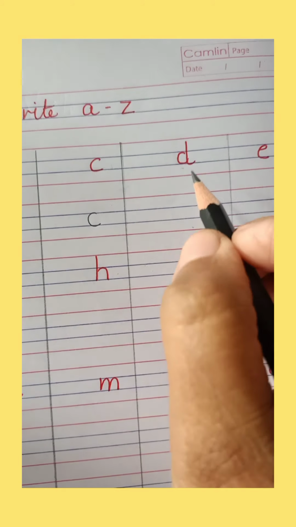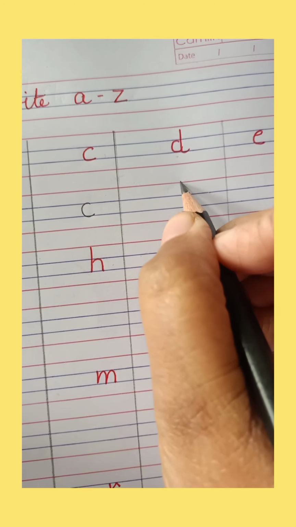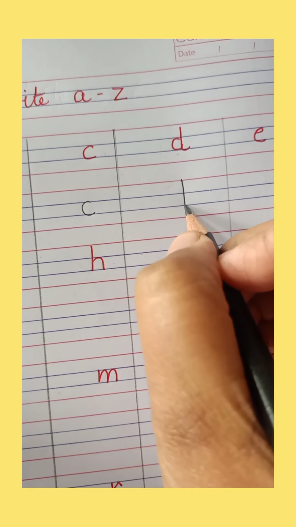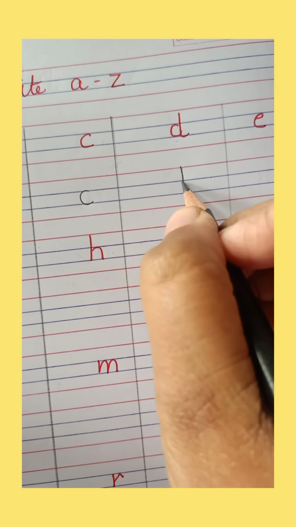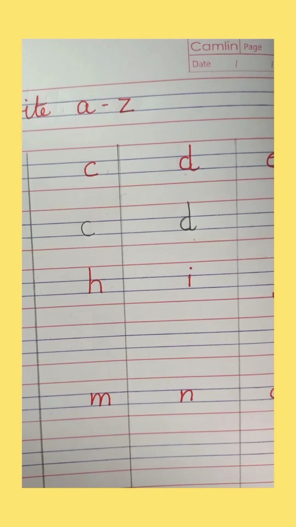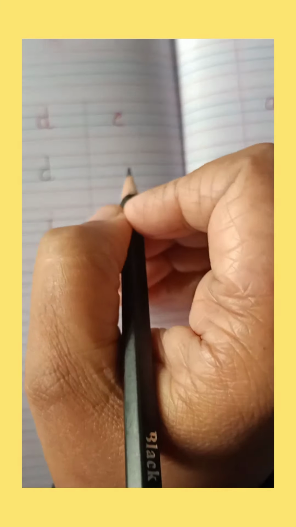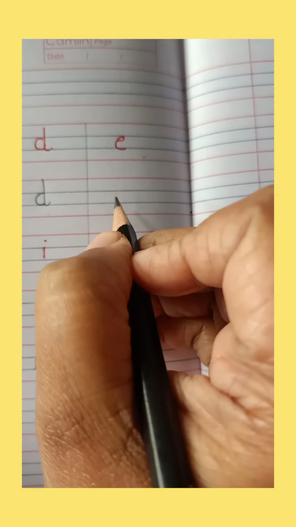Okay? Now let's come to small d. Okay, like this. Started from the top red line and see, like this only you make now. Yes, then let's come to small e.